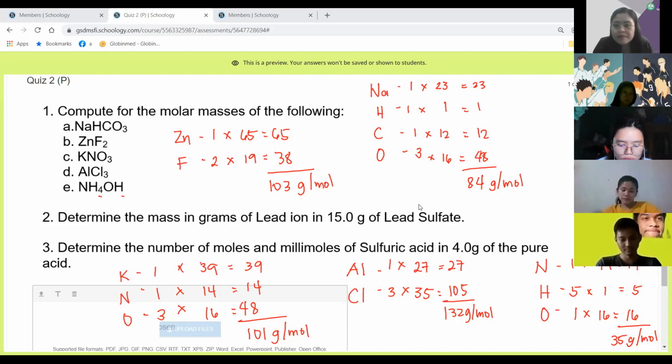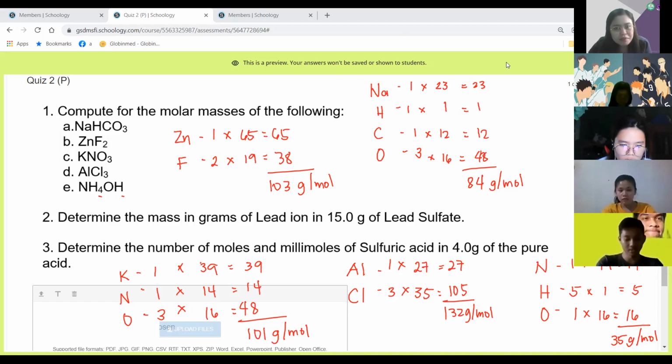There is a decimal. Why is there a decimal? I think I gave the instruction when we started with the quiz that you need to round off the atomic weights to the nearest whole number. Again, my instruction was for you to round off the atomic weights to the nearest whole number.